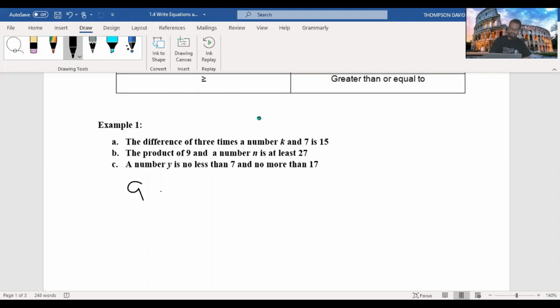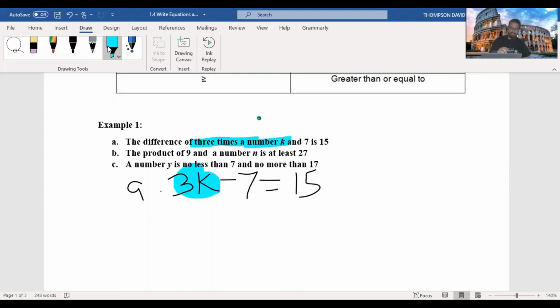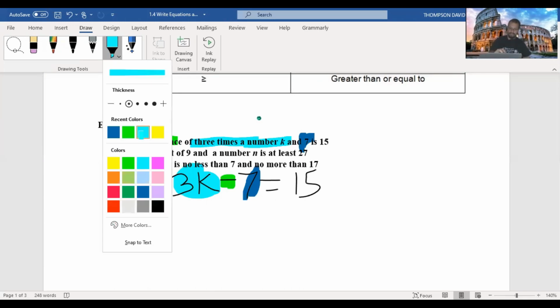So 3k minus 7 equals 15. The 3 times a number k is your first piece. The difference is the subtraction sign. 7. Your "is" is your equal sign. And then 15.